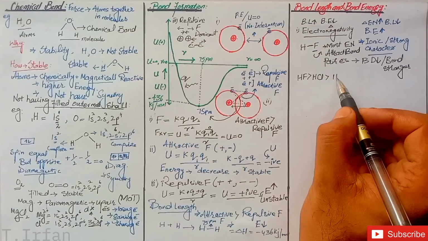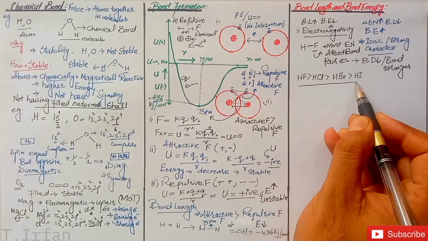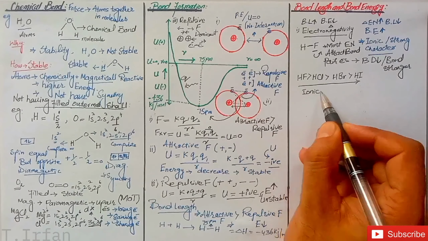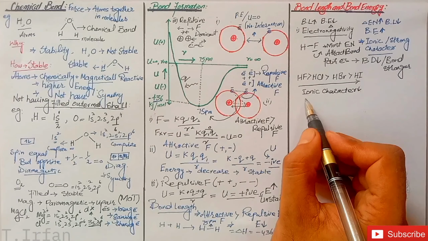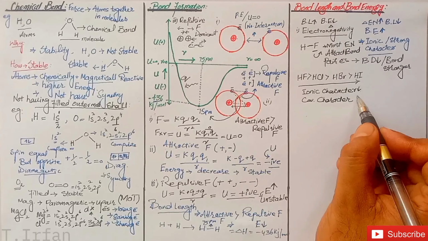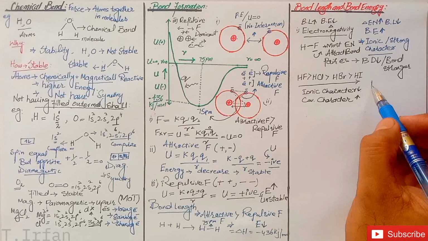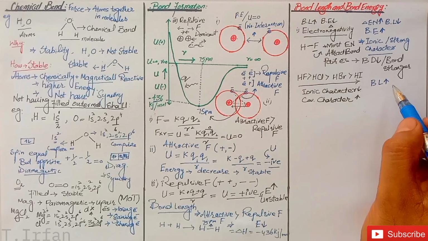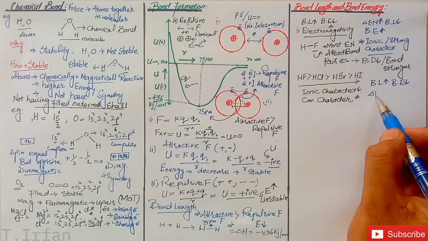And as the electronegativity difference between atoms decreases, the ionic character also decreases and covalent character increases. This moves toward less stability and more reactivity. So we can summarize: bond length increases and bond energy decreases as the electronegativity difference decreases, and the bond moves from ionic to covalent.